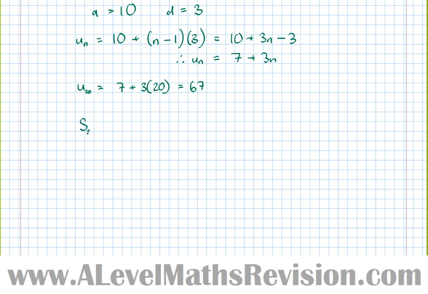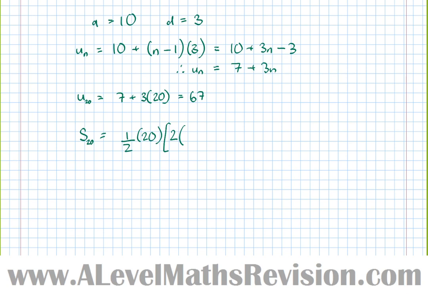So I'm going to denote that by writing S_20, where there's a 20 in place of the n, equals a half n, 2a plus (n minus 1) times the common difference d, and that's really one for the calculator.